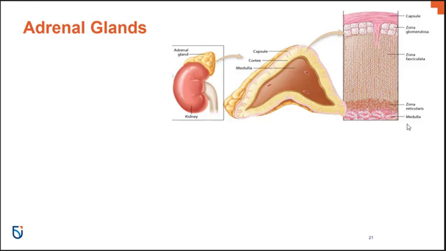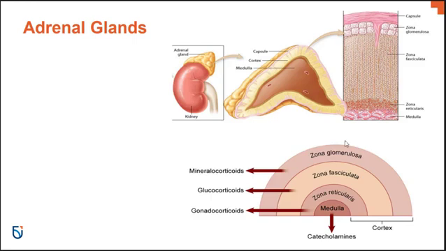Now, if we take a cross section of mainly the cortex, we can see that there are 3 additional layers, which you can see listed here, from most outer to most inner. And then there's another image to show you here. The most outer layer of the cortex is called the zona glomerulosa. Then we have the zona fasciculata and the zona reticularis. These different regions are actually responsible for secreting different hormones, and you can see within the diagram which hormones are released from which layer.